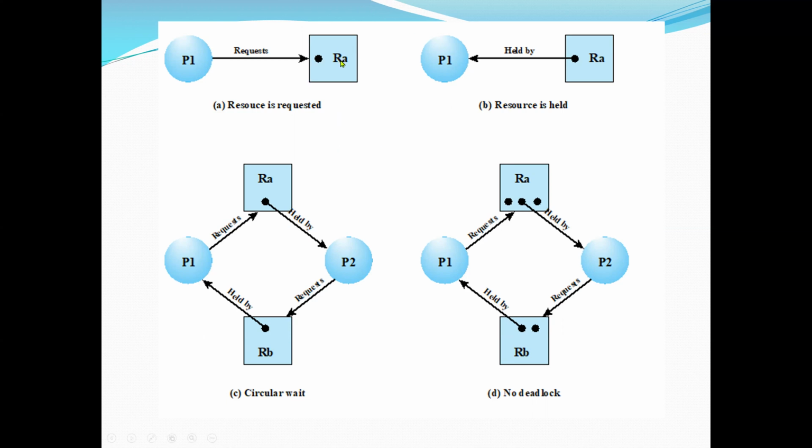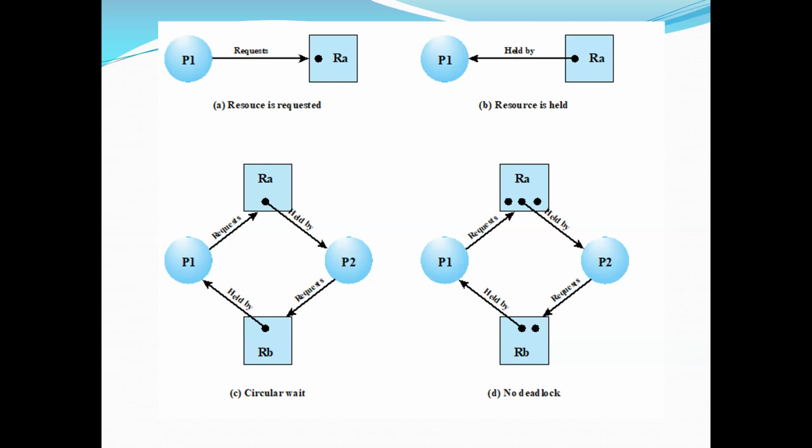So here we have a node for P1 and RA. A graph edge directed from a process to a resource indicates the resource that has been requested by the process but not yet granted. So an example will be A. This directed edge is requesting but not yet granted.